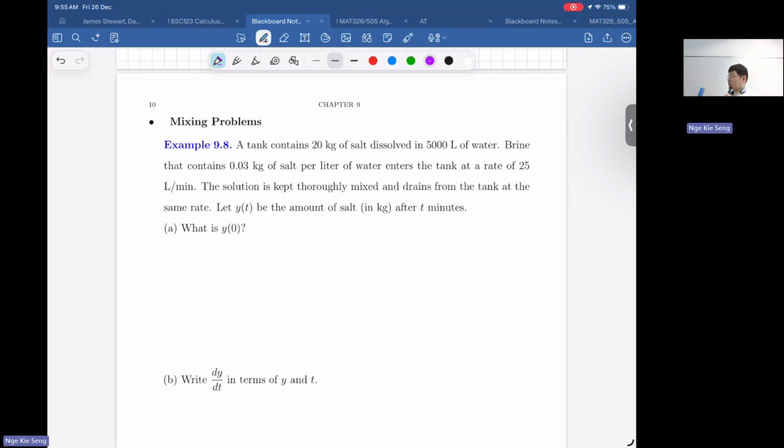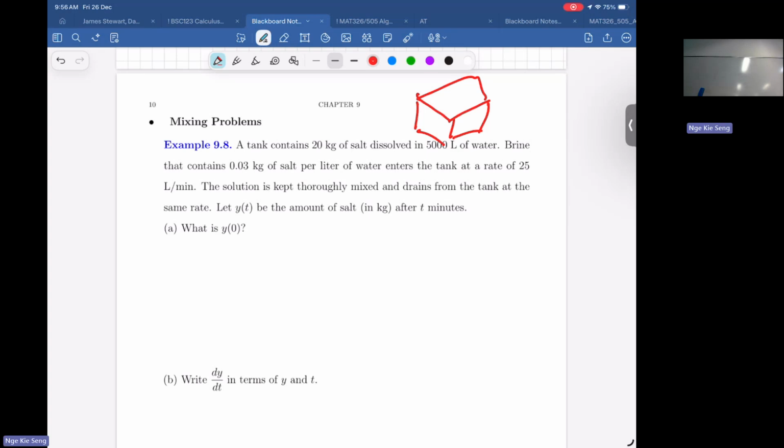Okay, let's continue with this real life problem, the mixing problem. A tank, maybe draw a tank, contains 20 kg of salt dissolved in 5,000 liters of water.